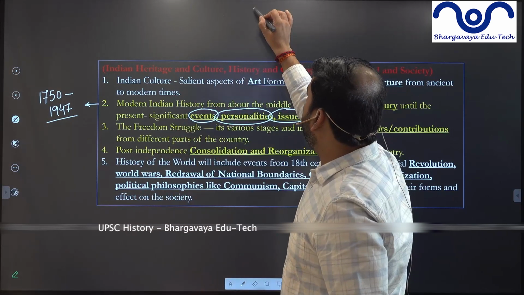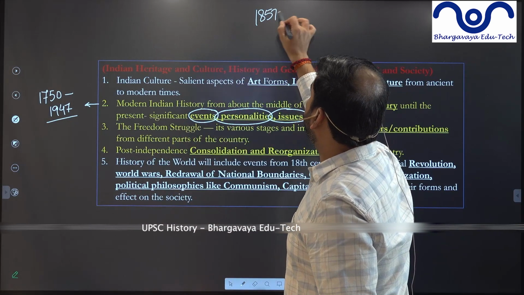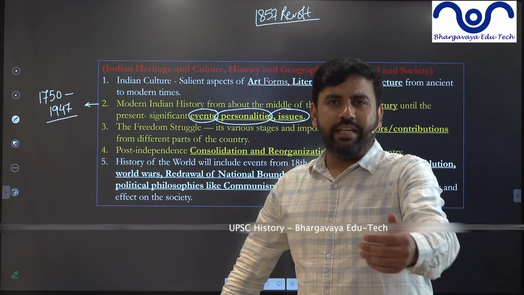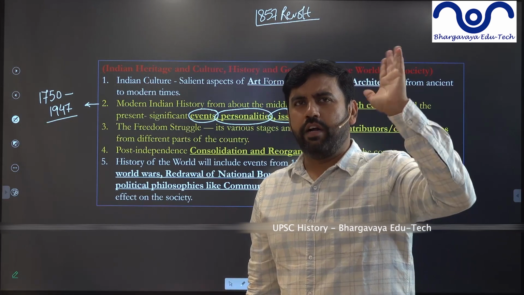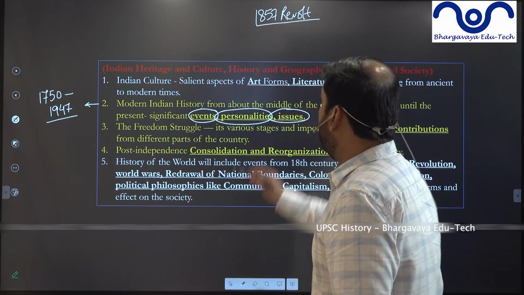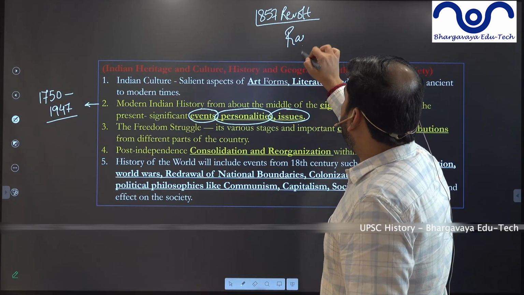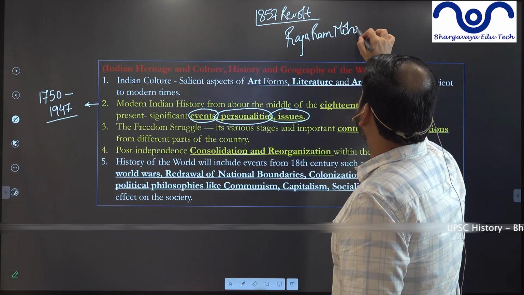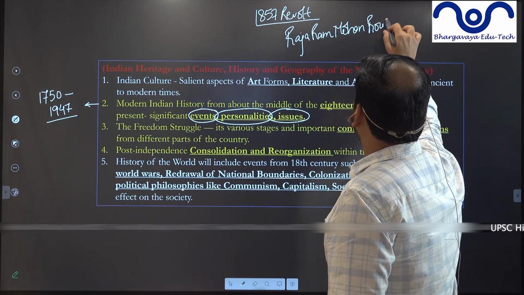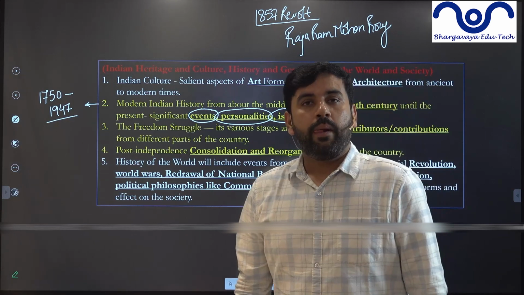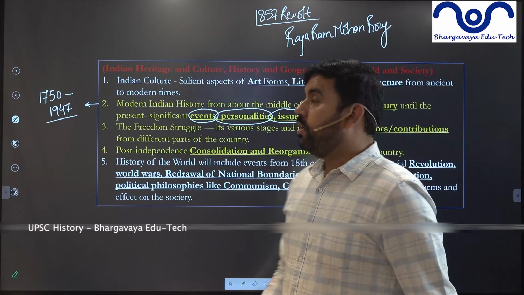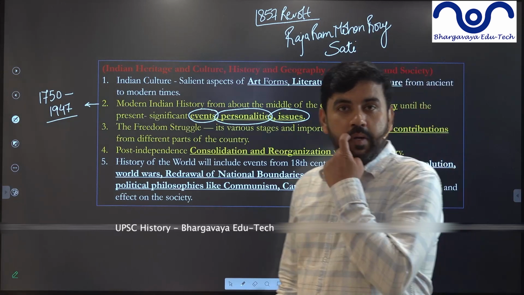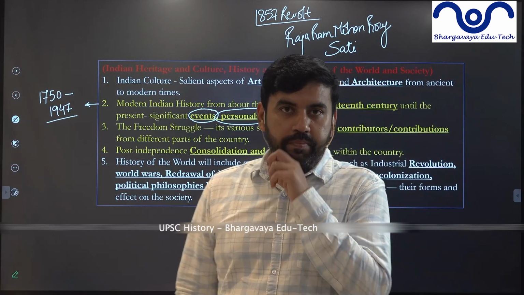I hope all of you know about the 1857 revolt. Maybe not in details, but you may have heard about it somehow. You may have heard about Raja Ram Mohan Roy, right? You may have heard about Sati, the practice of Sati, right?